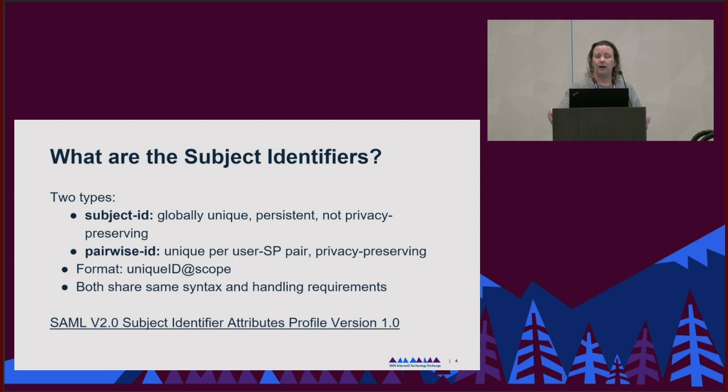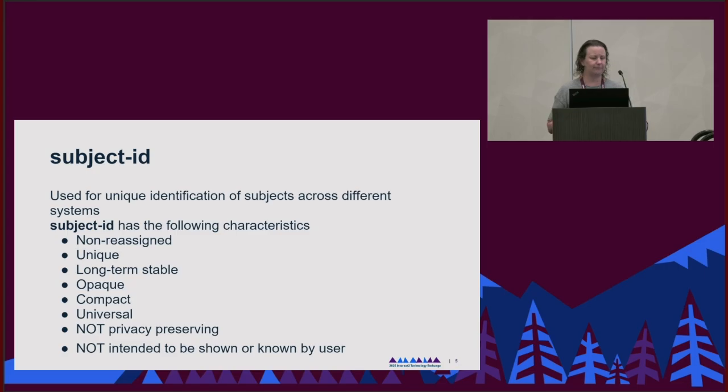Both subject identifiers share the same syntax and handling requirements, and again, we'll let the spec go into the details for you. We briefly talk about them in our guidance paper, but the spec is obviously the source for the true rules.